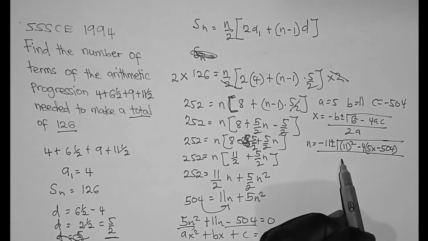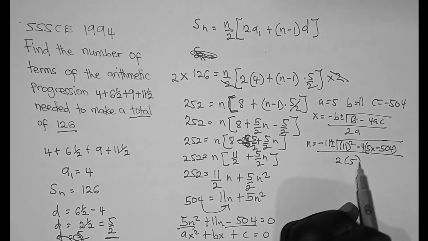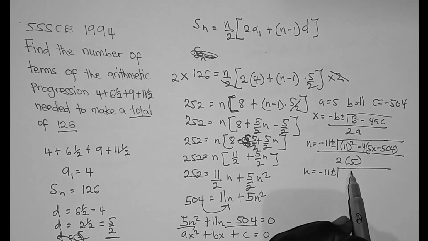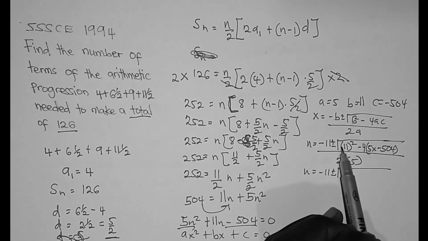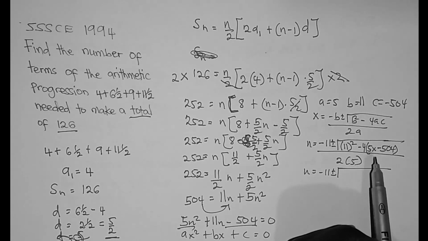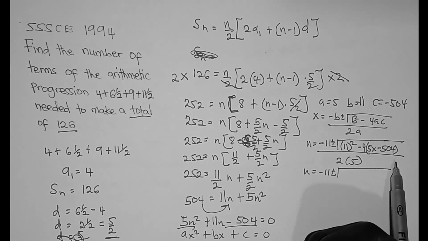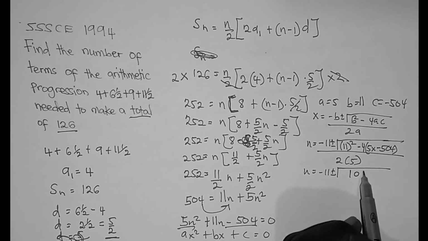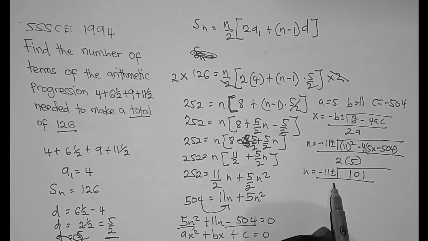All divided by 2a, which is 2 times 5. So n is equal to minus 11 plus or minus the square root of 11 squared minus 4 times 5 times minus 504, which is equal to 101. All of that divided by 10.